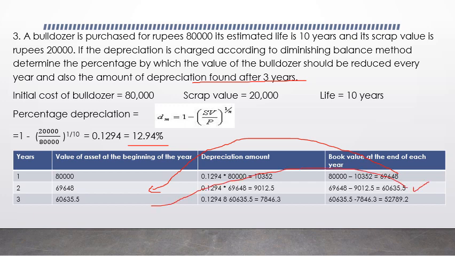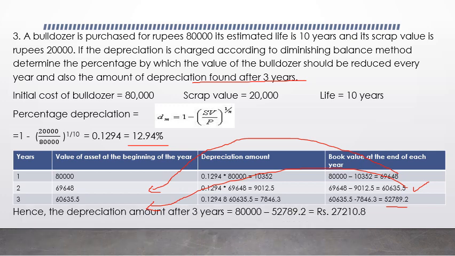Bring that to book value at the beginning of third year, calculate 12.94% of that as the depreciation amount during third year, subtract it from the book value at the beginning of the third year, that comes out to be 52,789.